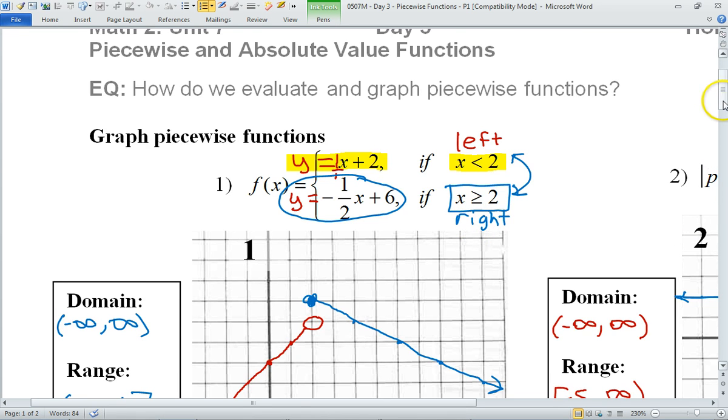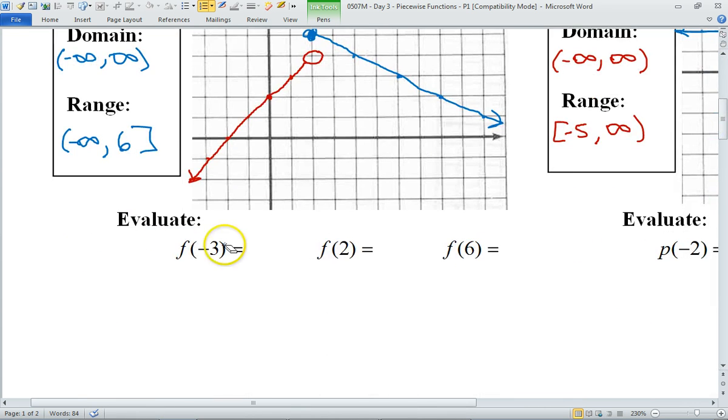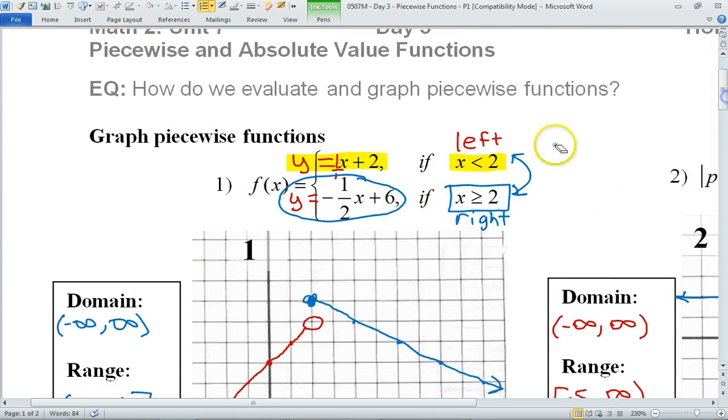So let's look at the first one. -3. Is -3 less than 2? Yeah. Or is it greater than or equal to 2? -3 is less than 2. Okay? Because think of it like a number line, right? There's 0, so 1, 2, there's 2.